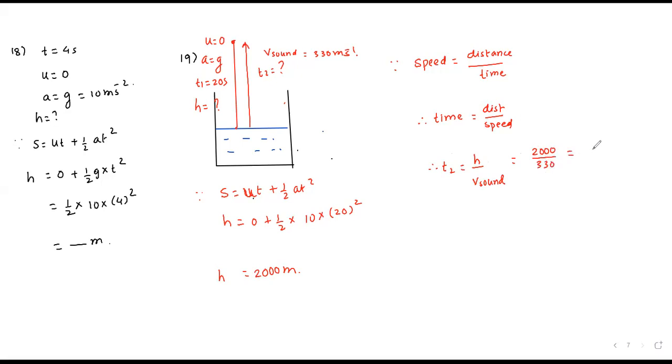This comes out to be 6.1 something, 6.1 second. And therefore find the time when echo is heard. The time when echo is heard is nothing but capital T. It's T1 plus T2, which is 20 plus 6.1, 26.1 second. Right, now we'll go with the last sum.